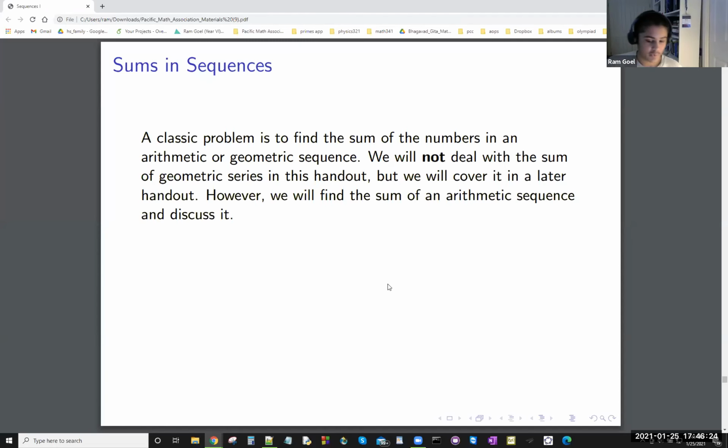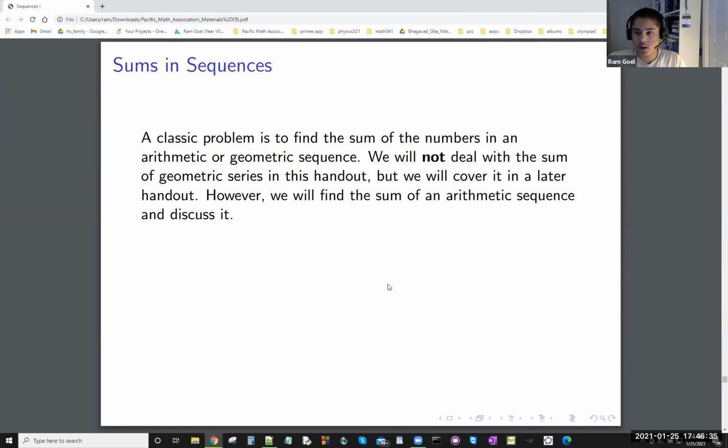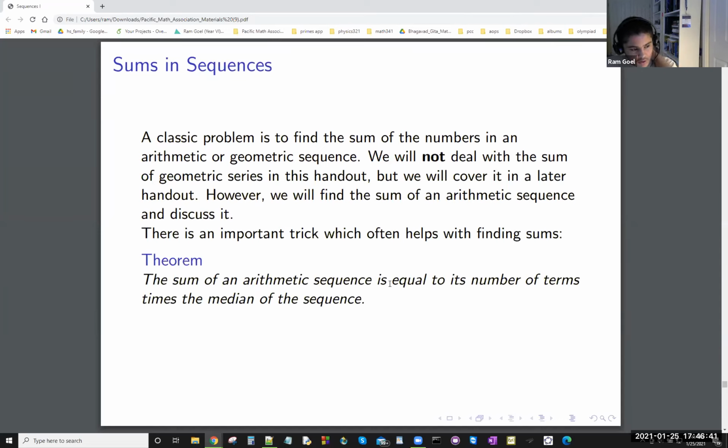Yeah, so Nivid was saying that when we want to find the sum of the numbers in an arithmetic sequence, there's a trick to do that. The numbers in an arithmetic sequence are, say, like 2, 4, 6, 8, 10, and so on. There's a very important trick which often helps with finding the sum.